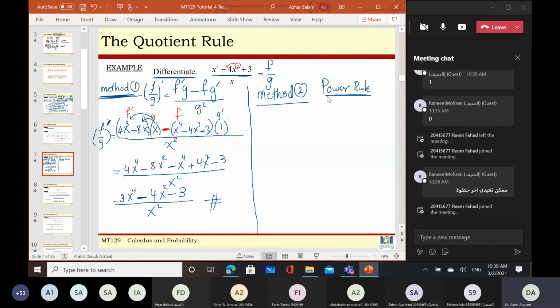Remember the power rule? When I have x to the power r, where r is not necessarily an integer. It could be maybe an integer or any real number. Okay, if I have to differentiate this, it will be r multiplied by x all to the power r minus 1.